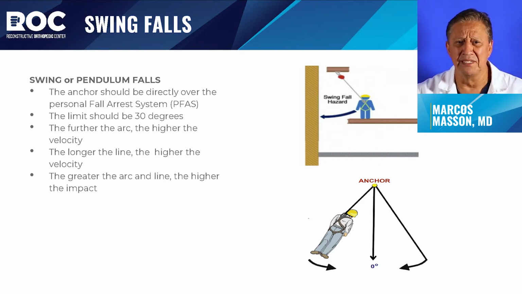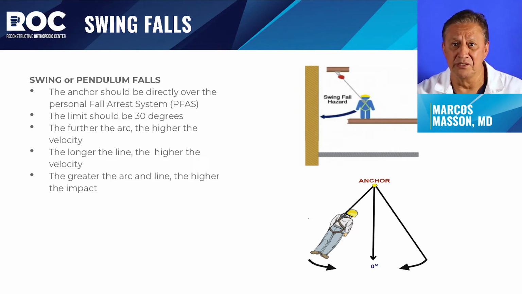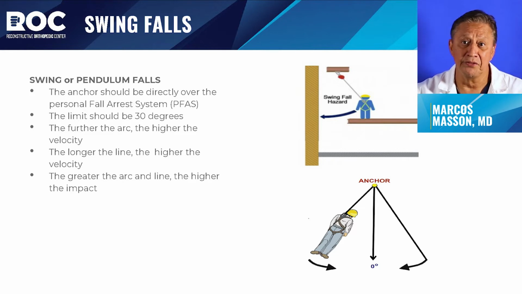An example is anytime that there is a fall that occurs because you are greater than 30 degrees from forming an angle and you slip and fall, that gives you a higher impact as your weight hits the arc at a higher velocity.